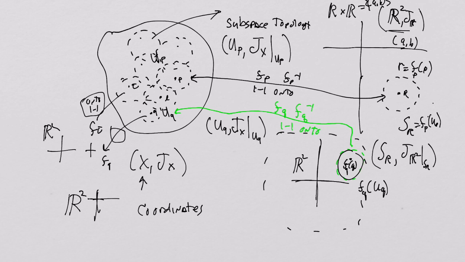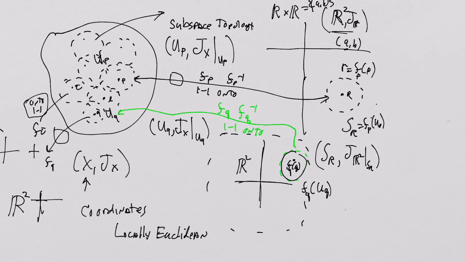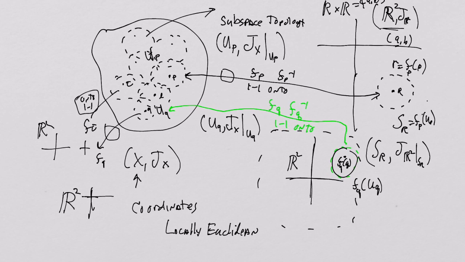So if I can completely cover X, and every mapping that covers it is homeomorphic to Rn, some version of Rn, which in this case is 2, then I have shown that the space X is locally Euclidean. And that is the first step to being a topological manifold. Well, that's a step, I guess. The other thing, it has to be Hausdorff, second countable, and paracompact.